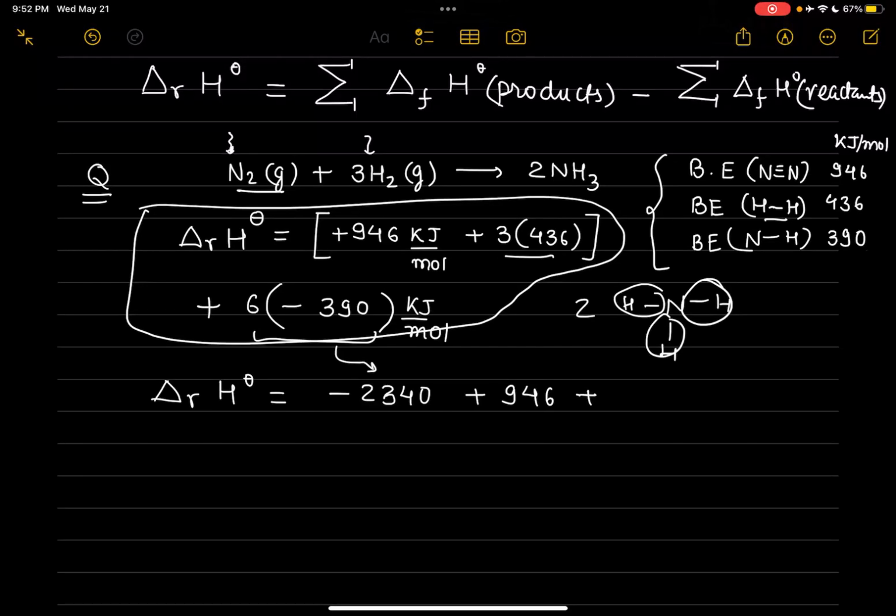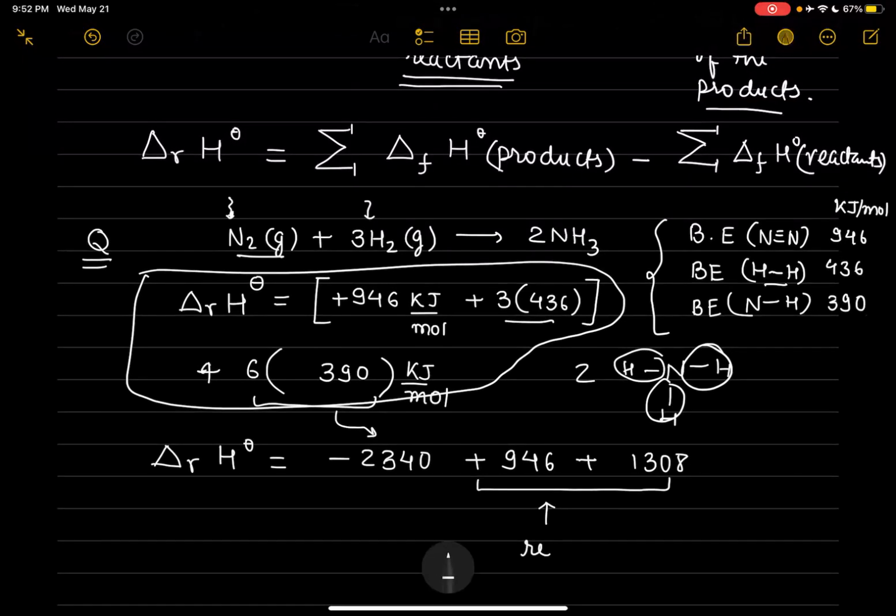Sir, shouldn't it be -6? These are positive. No, because in the above step, like +6 into -390, it should be -6, right? Because of the formula, enthalpy of formation. Correct.